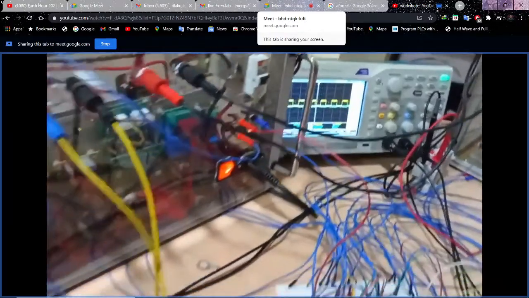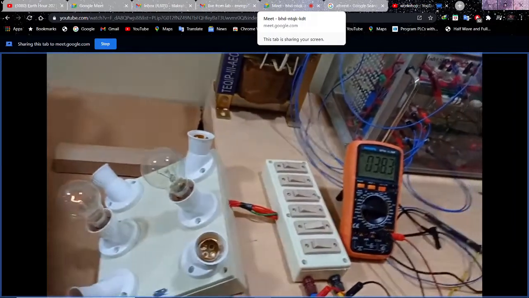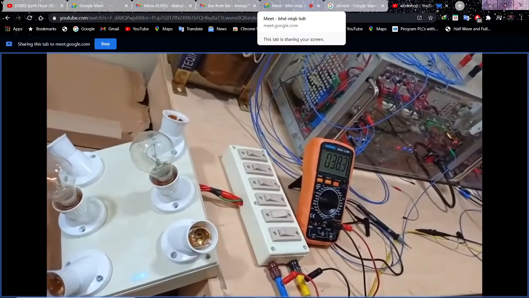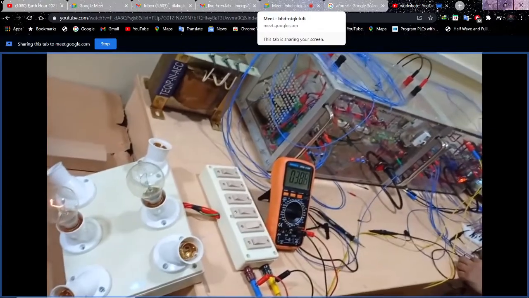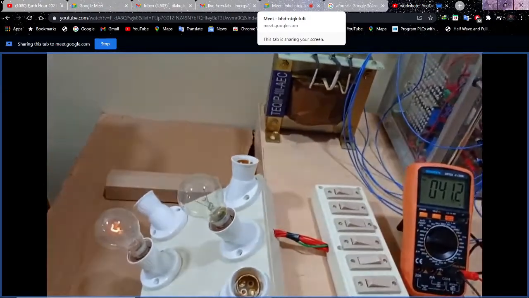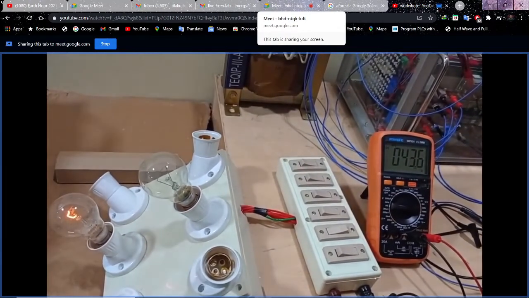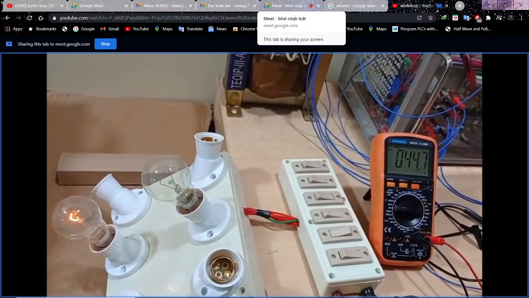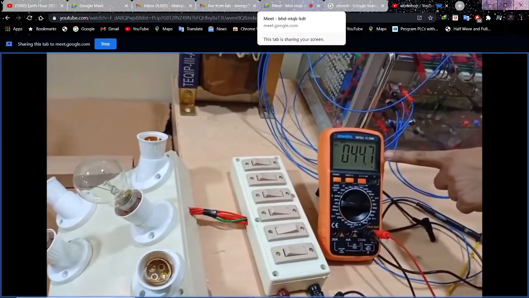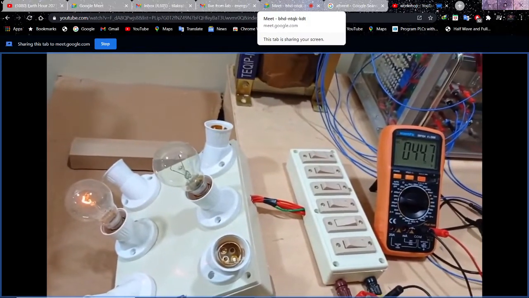Now we will increase the duty cycle further to the peak, and then we will check what happens to the illumination of the lamp. Now gradually we are increasing the voltage. You can understand this is 44 volt, and the illumination is also increasing.